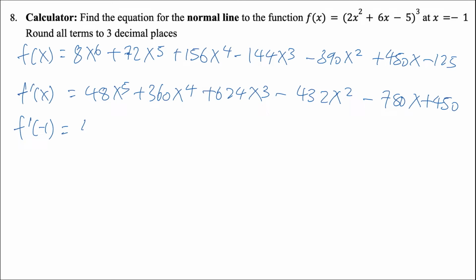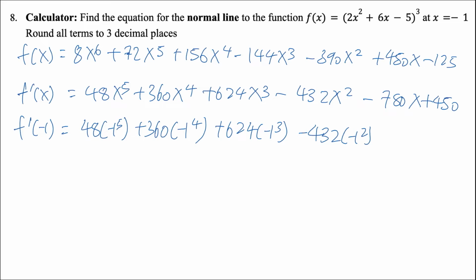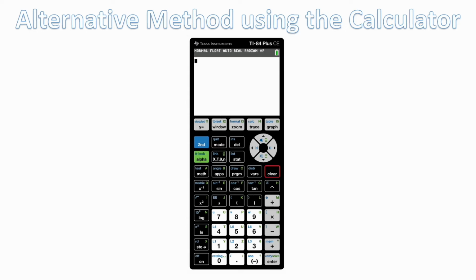So f prime of negative 1, we plug in negative 1 for x. And we get f prime of negative 1 is equal to 486. 486 is our derivative.